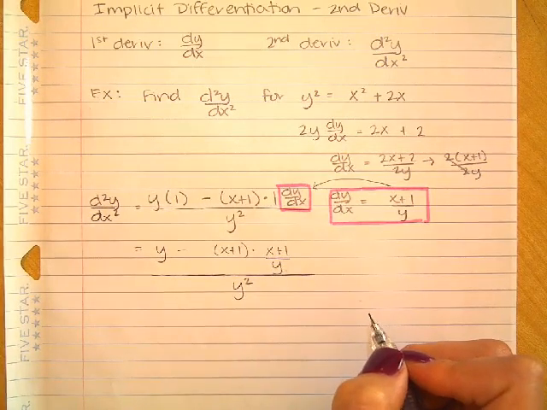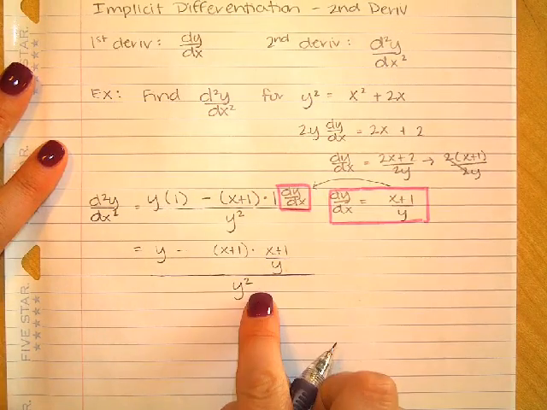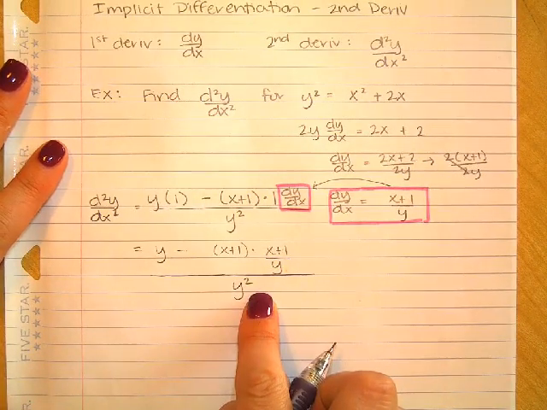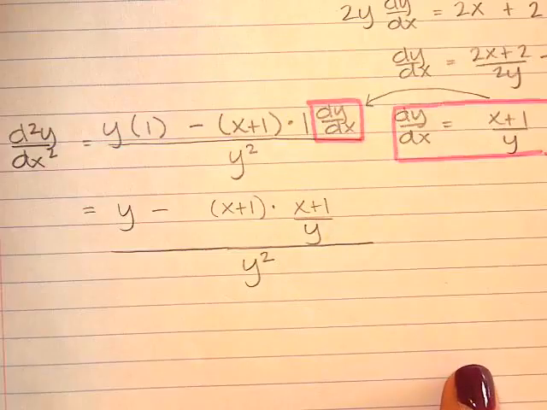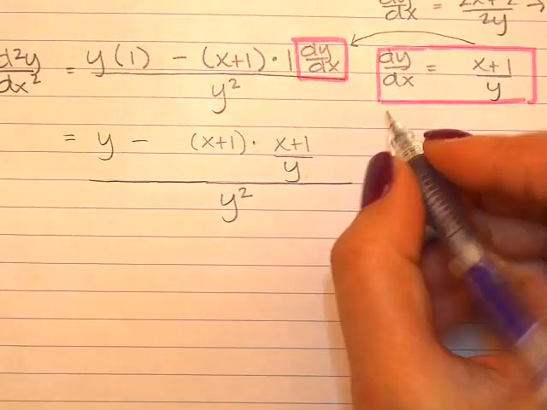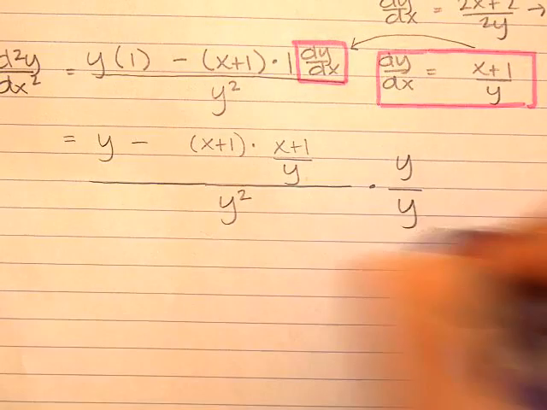All right, so now I have this complex fraction. I'm going to simplify so that I don't have a complex fraction anymore. So I'm going to multiply by y, that common denominator, so times y over y.